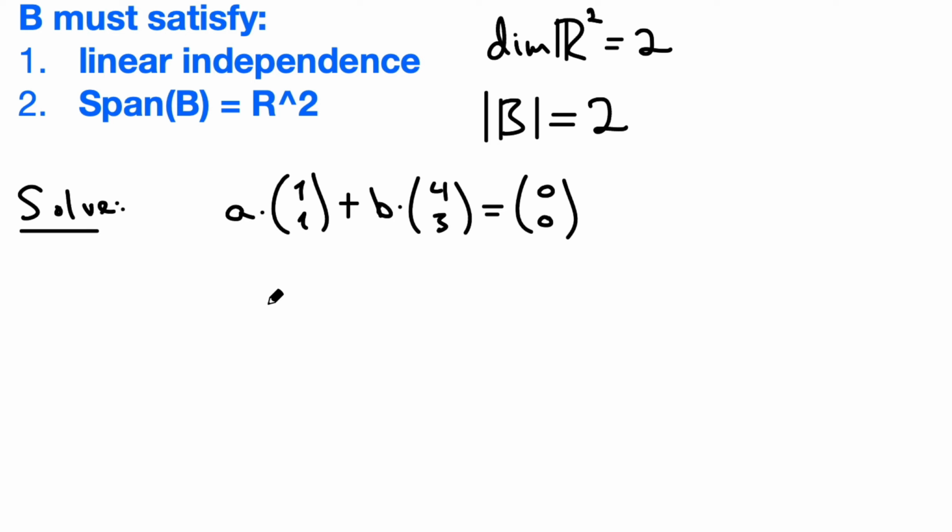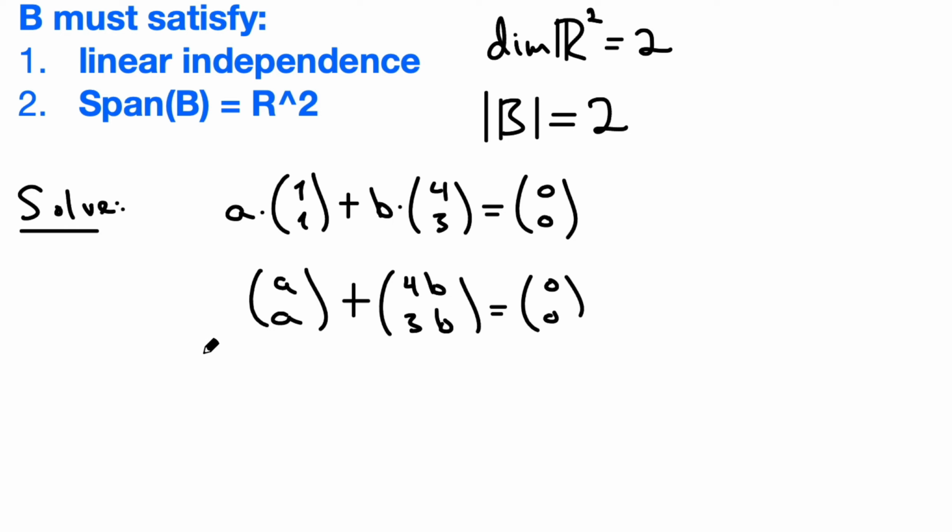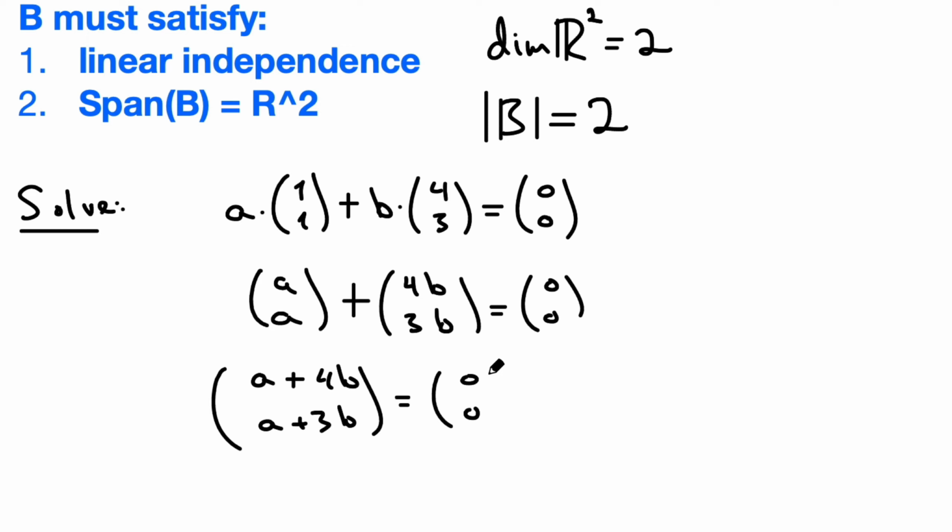So let's multiply this out. So we get A, and normally we'll skip these steps. 4B, 3B equals 0, 0. Let's add this up. So this gives us A plus 4B and A plus 3B equals 0, 0.